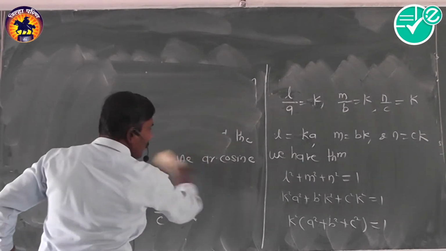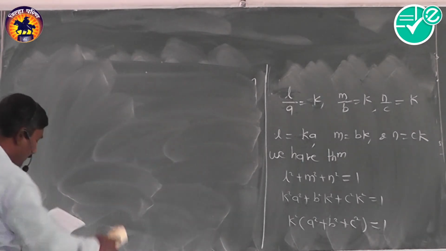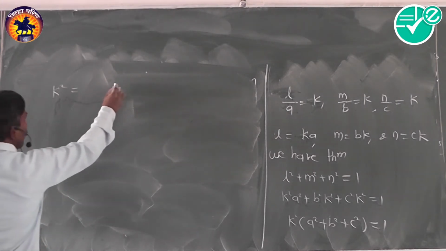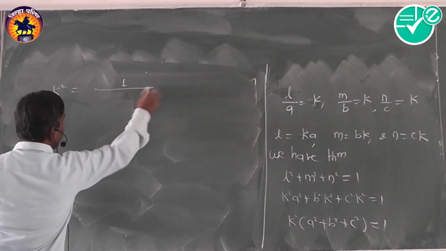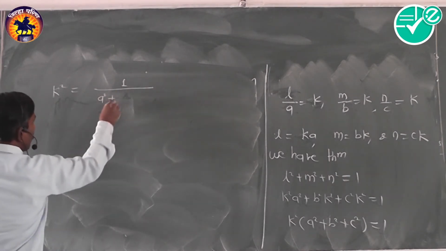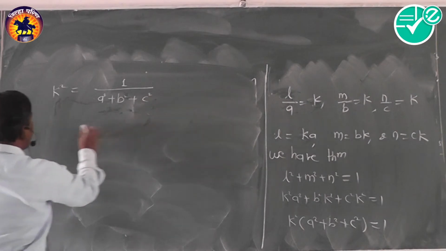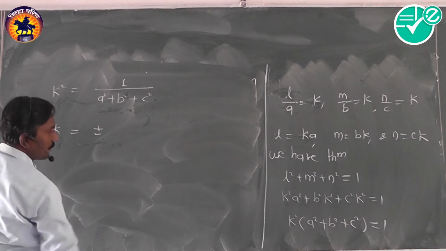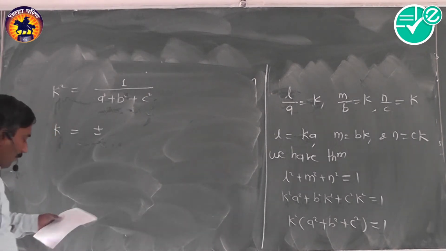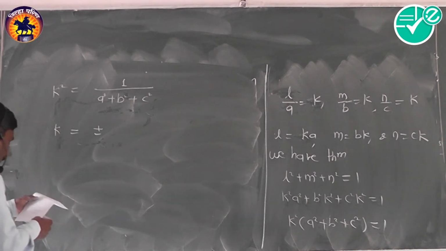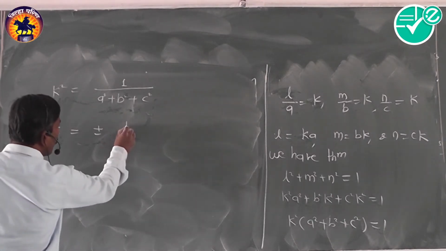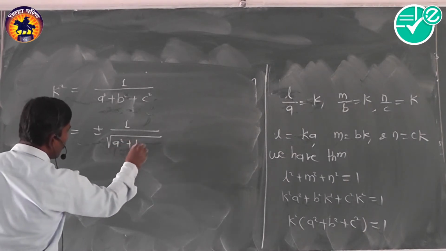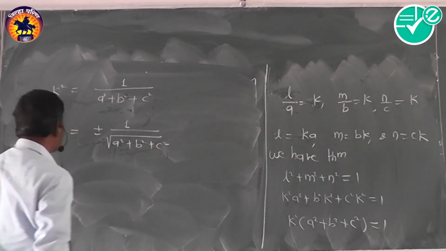Now k square is equal to 1 divided by a square plus b square plus c square, and that is k is equal to plus or minus 1 under root a square plus b square plus c square.